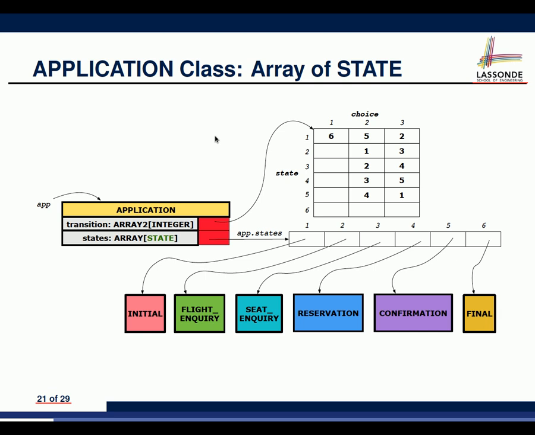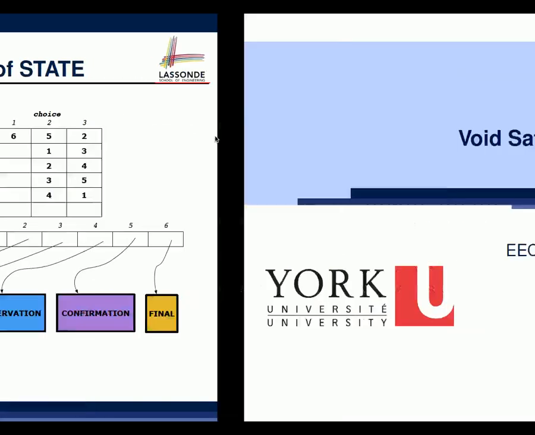For example, if I say I want to change from state number seat inquiry into confirmation state, that means I'm changing from index 3 to index 5, for example. Okay, just referring to the state by the index. And specifically, the special case is the initial state is at index 1. Okay? Let's see how things can be understood over here.